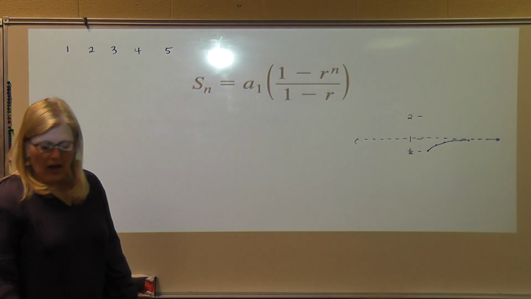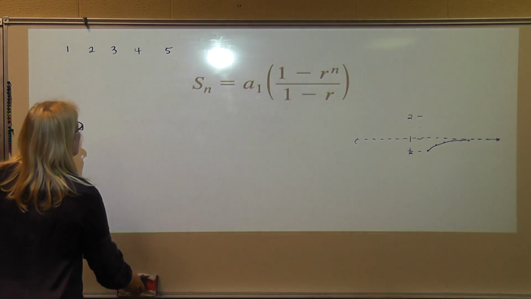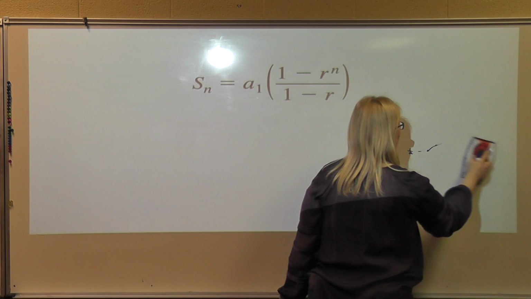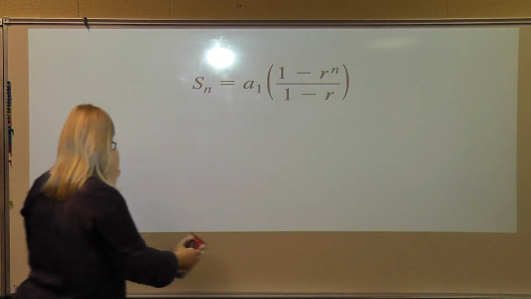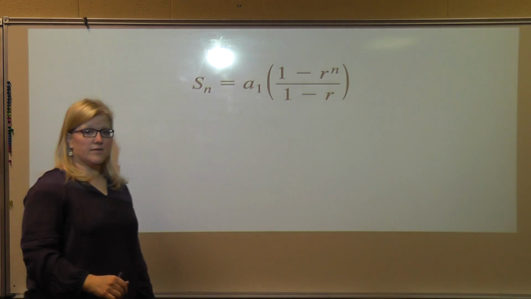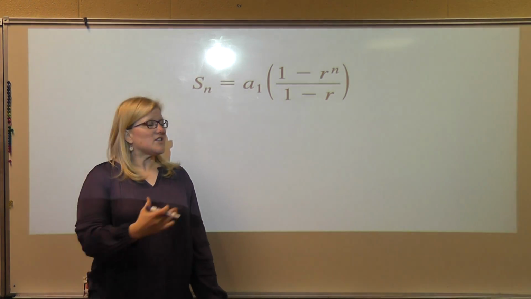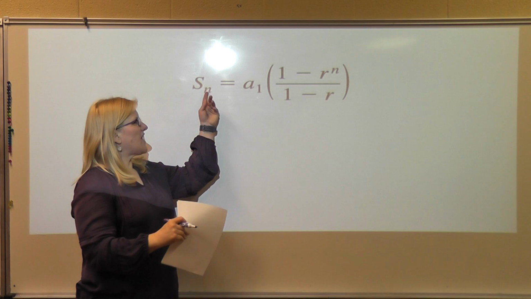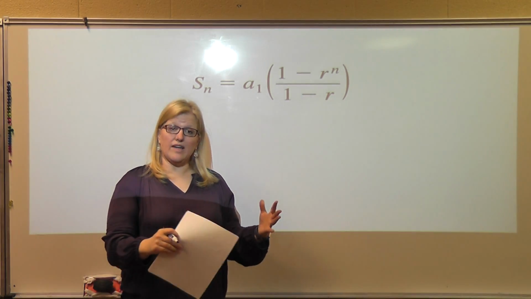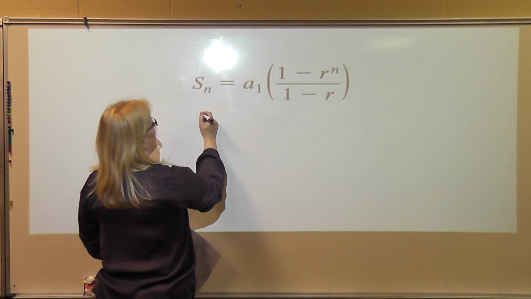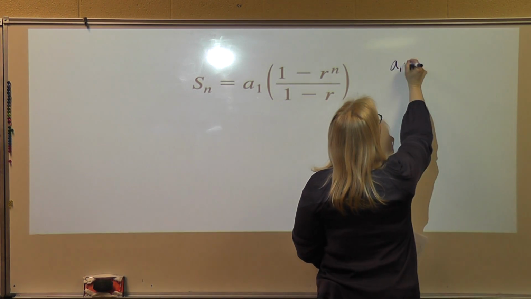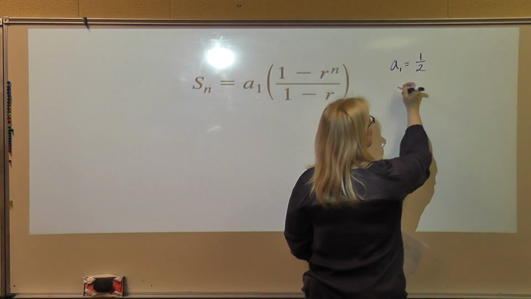Okay, so remember this formula from the last section, 7.3. This gives us our sum. We don't have an n; n is infinity, right? But let's plug in what we do have. We know that a sub 1 was 1/2, that was our first one.